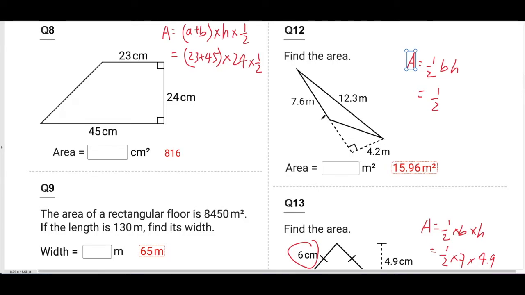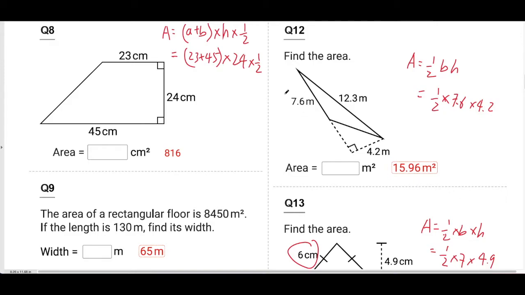Because these are the three sides. You have this side, you have this side, and you have this side, right? So generally, when they give you questions, if they give you a number and that length is not one of the sides, it's most likely a height. Okay, so in this case, the base is 7.6 and the height is 4.2 because remember, the height is usually not a side of the triangle. The base has to be a side of the triangle.